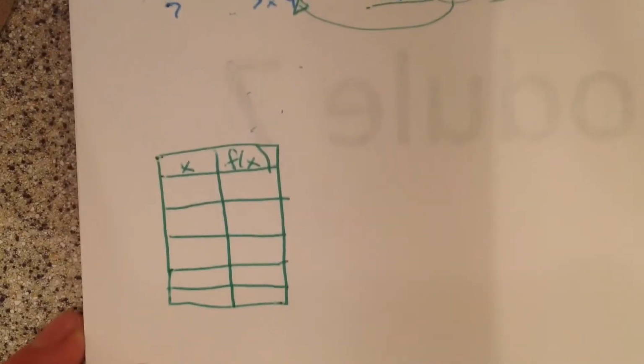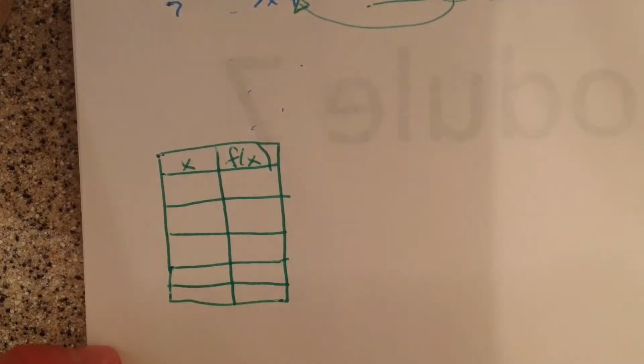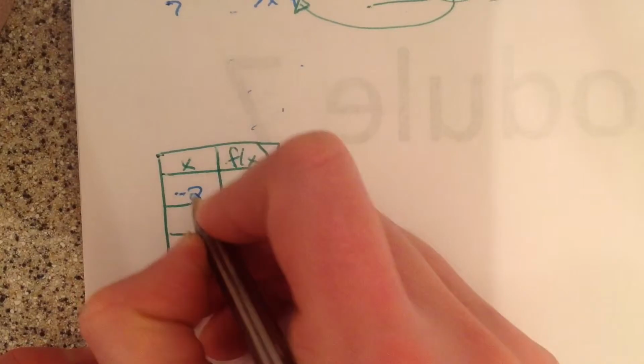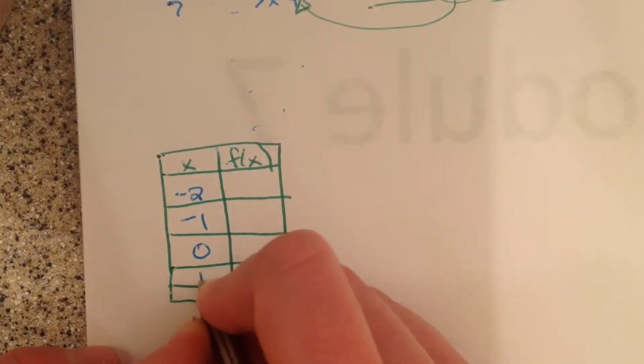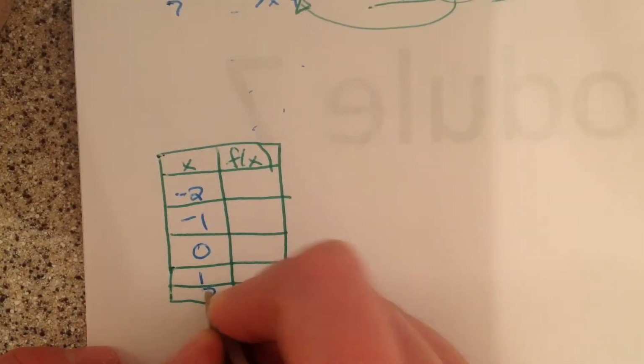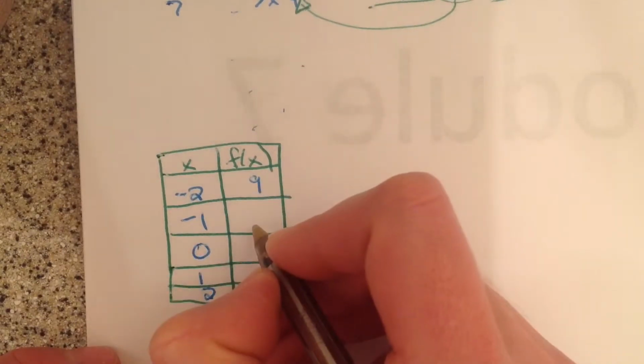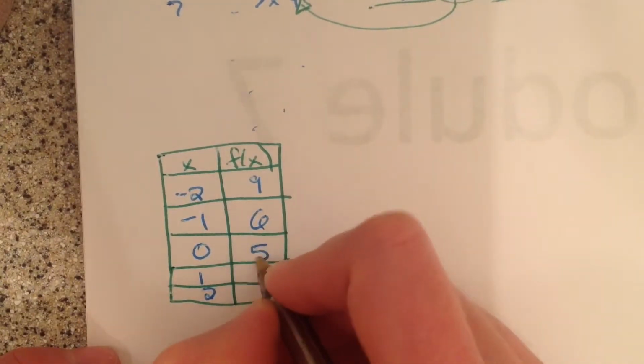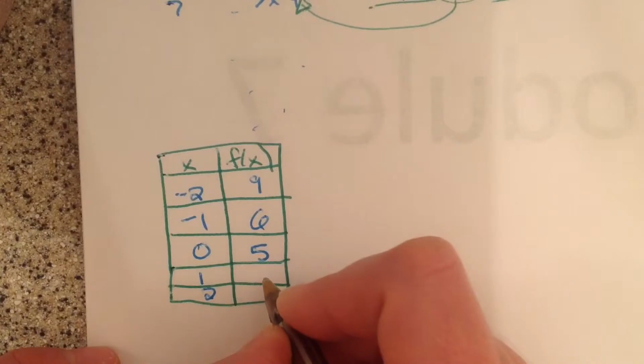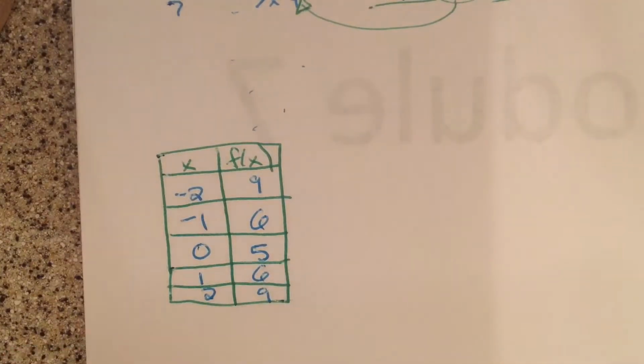Okay, let's look at our next function. So say we're given -2, -1, 0, 1, 2. And over here we're given 9, 6, 5, 6, 9.